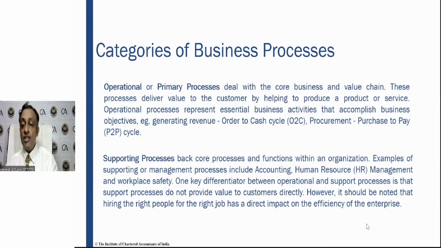One key differentiator between operational and supporting processes is that support processes do not provide value directly to the customer. They're at the back end. Operations have the direct interaction with the customer. However, it should be noted that hiring the right people for the right job is very important for the efficiency and effectiveness of any enterprise. So operational processes are the core activities, and support processes help those core activities to be performed.